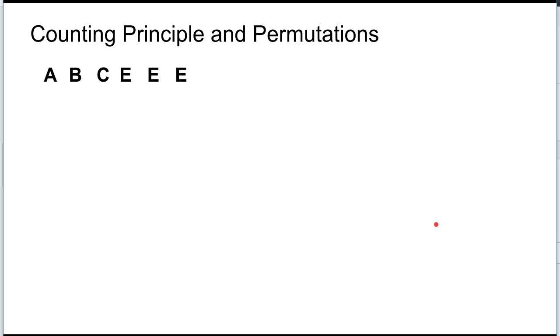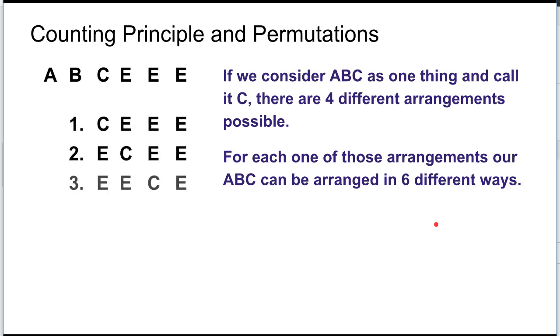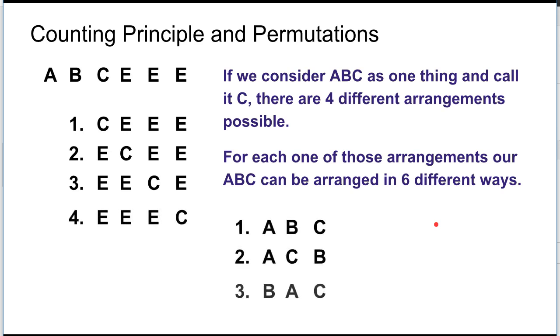Just to make this a little bit more clear, let's look at just the letters. Now, I want you to imagine this. I got A, B, C, and then E, E, E, right? And what happens is that if I consider A, B, C just one thing, say C, now I can go ahead and rearrange this 4 different ways.